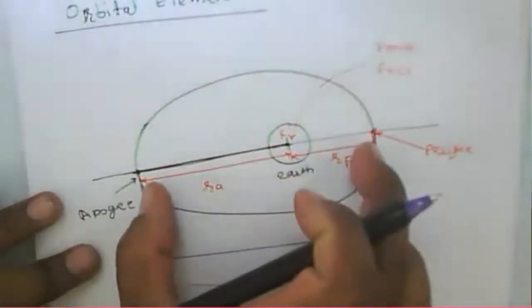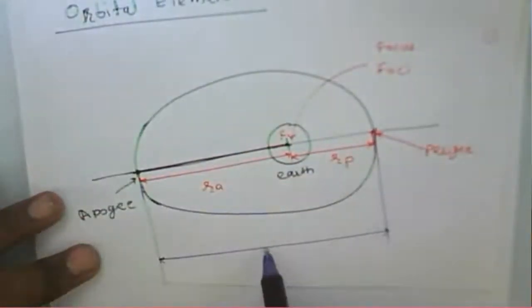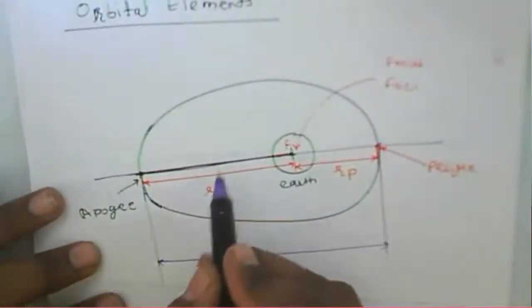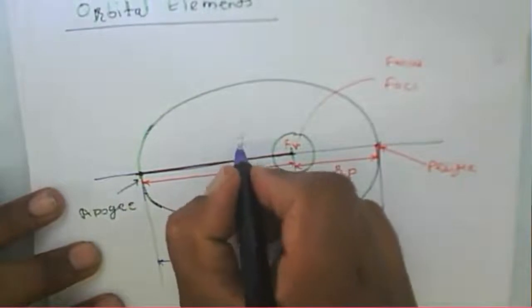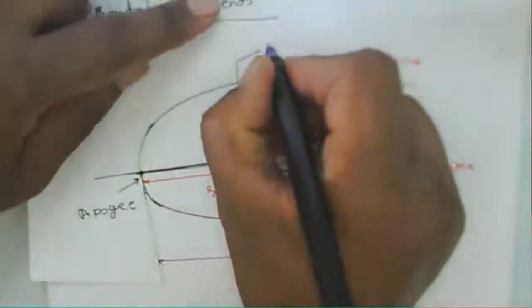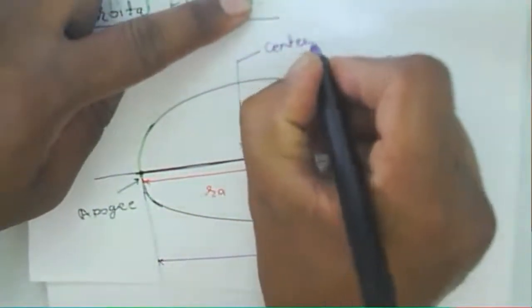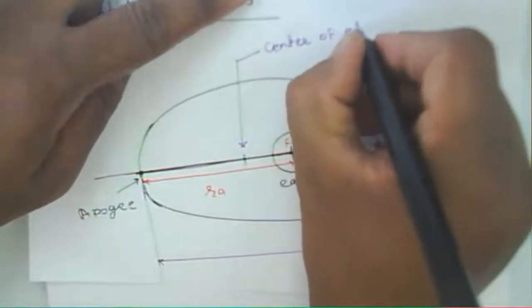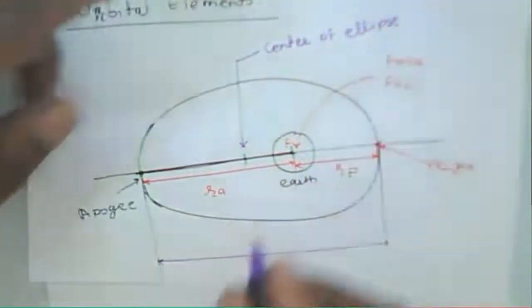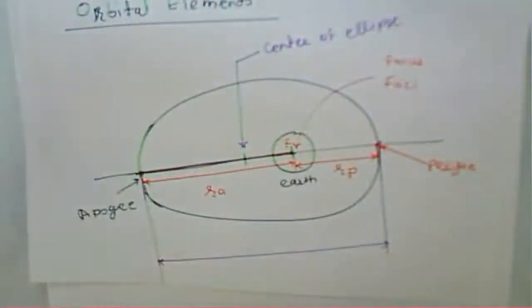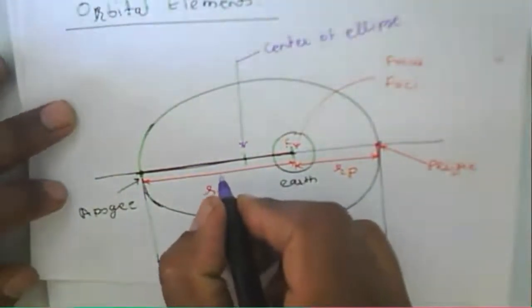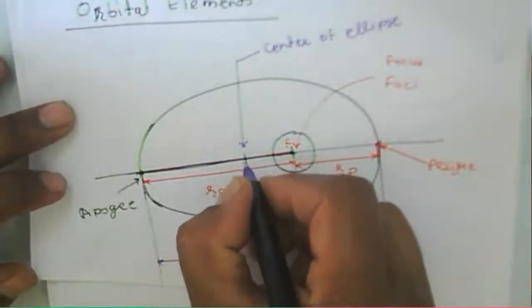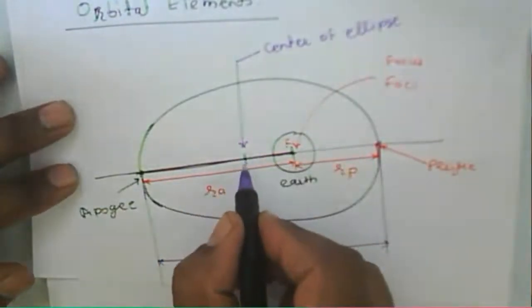But actually, if we consider this complete orbital distance, this orbit has an axis, and it has a particular center, the center of the ellipse.